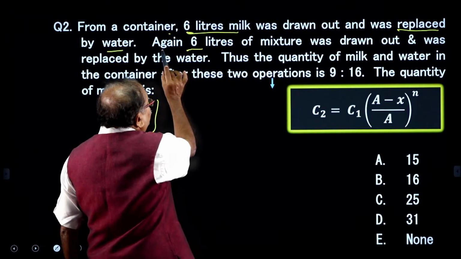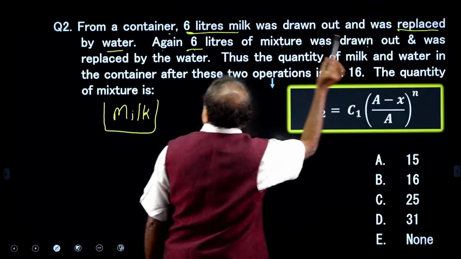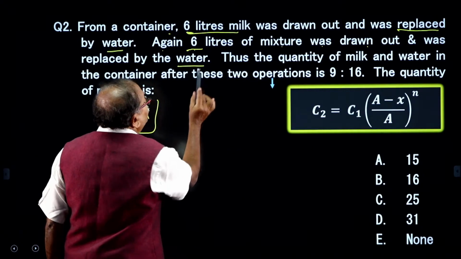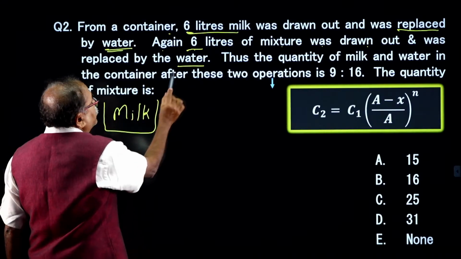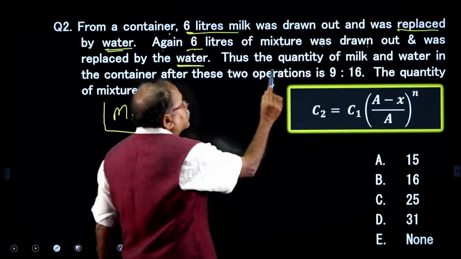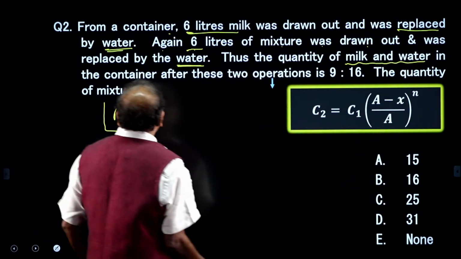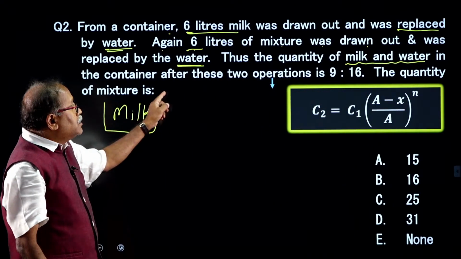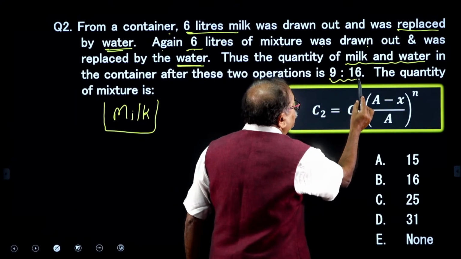Now, it is said again 6 liters of mixture was taken out and replaced by water. First time also replaced by water, second time also replaced by water. Now, the ratio of the quantity of milk and water in the container after these two replacements is 9:16.